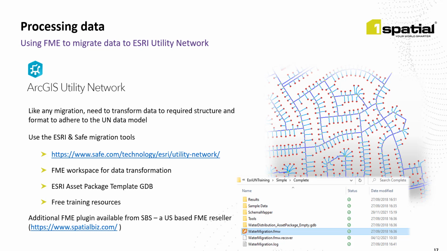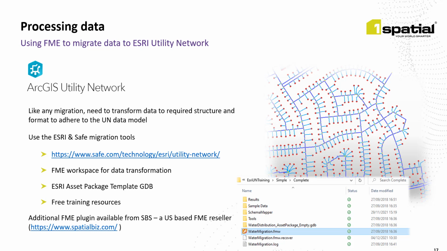I've put the link here. You get quite a comprehensive FME workspace to use as a starting point. So you will need to alter it to suit your particular data sources. You get an Esri asset package template geodatabase, which gives you the structure of the target data model.